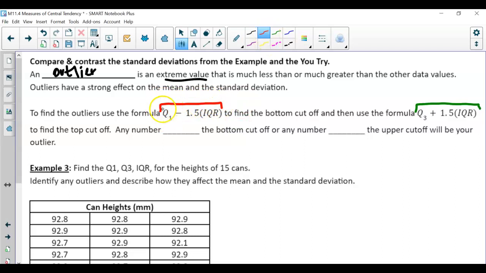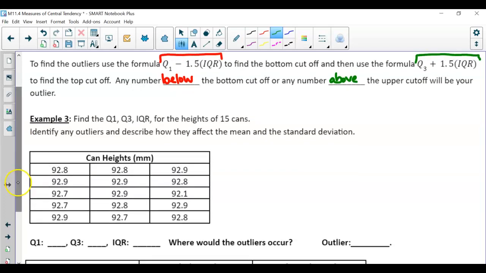So if any number is below that bottom cutoff, when we calculate quartile 1 minus 1.5 times IQR, or if there's any number above this upper cutoff here, then that will be your outlier. So go ahead, pause the video, and let's go ahead and calculate.